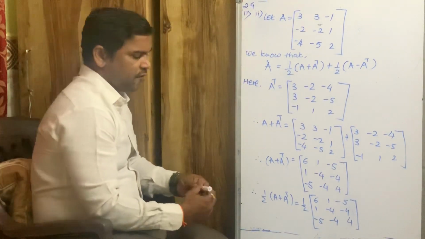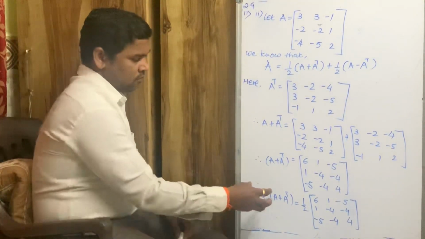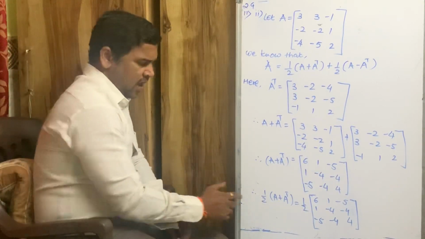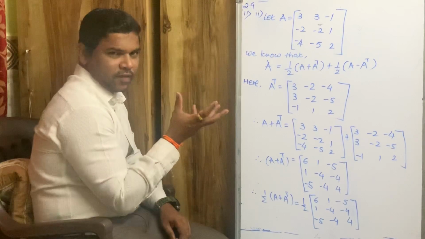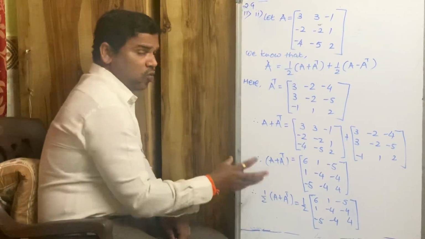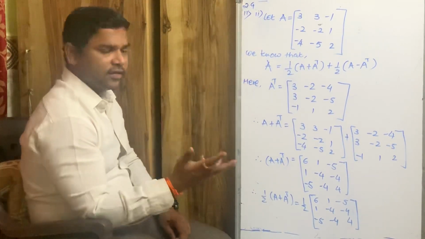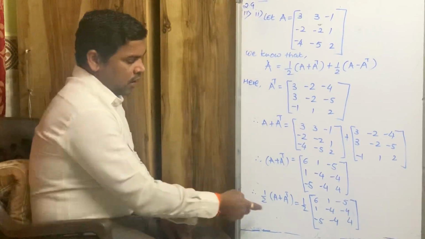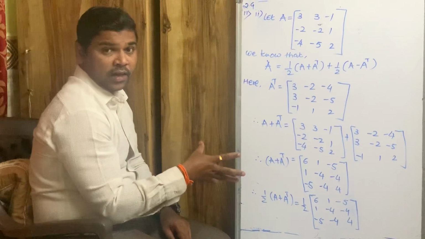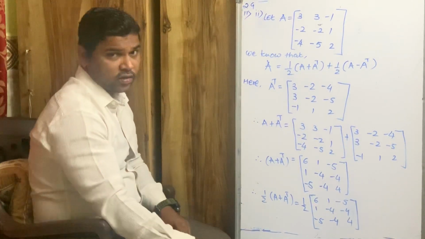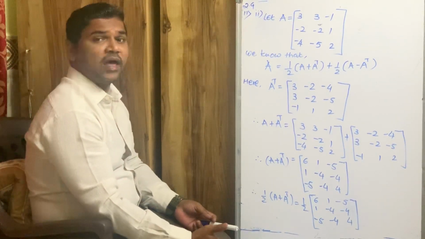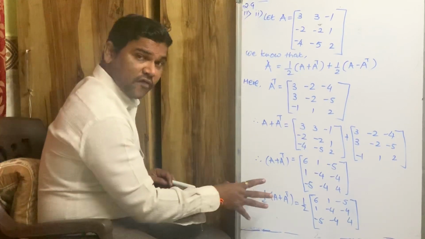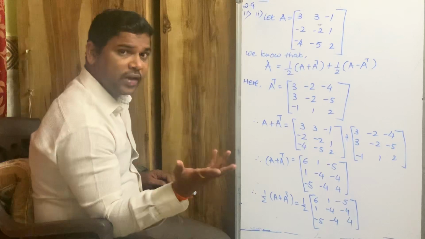Okay, half A plus A transpose. Now this half will multiply to each and every element, and to make it simple, you can use any different letter for this half A plus A transpose. Suppose in your textbook they have used letter P, so you can use that letter also.